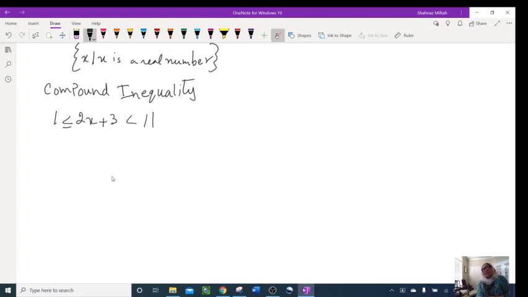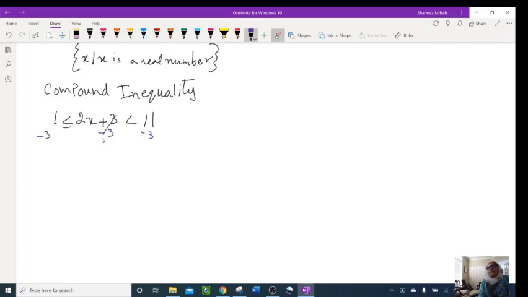How do I solve this? Now, do you see you have two inequality signs? It's called a compound inequality. So I will make the x by itself. If I'm making x by itself, then you know that this term goes last. First, we have to get rid of this 3. So subtract 3 from all sides.